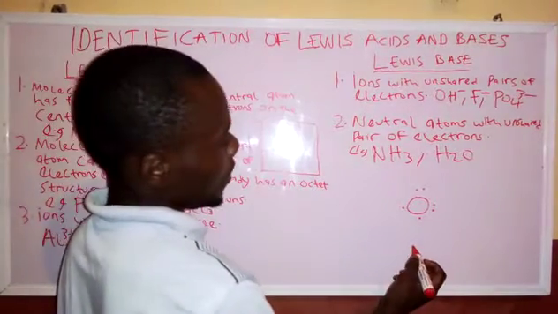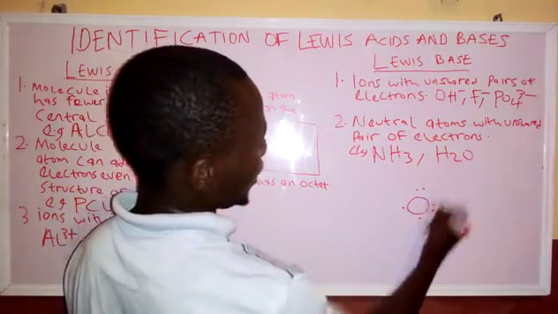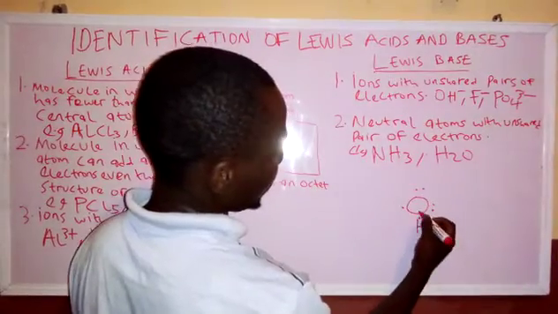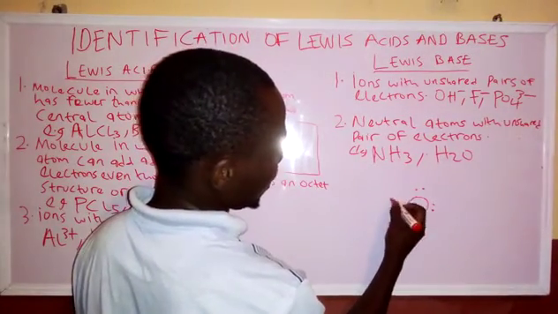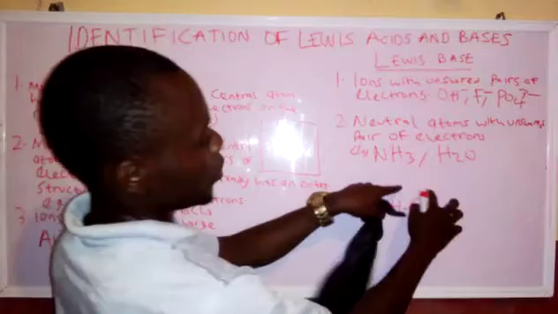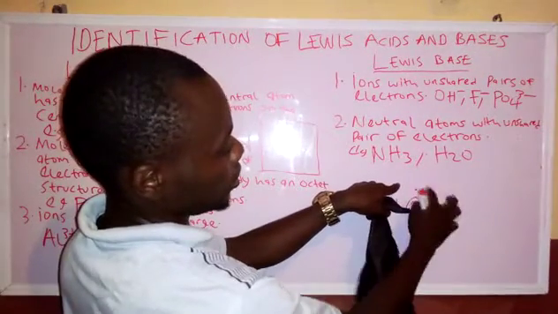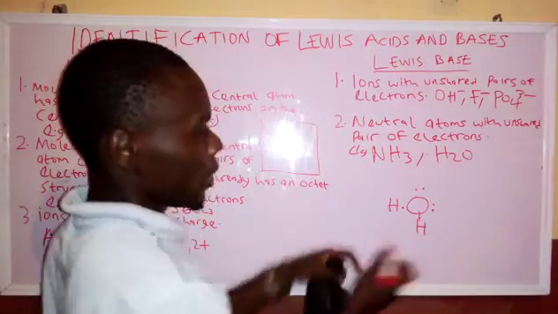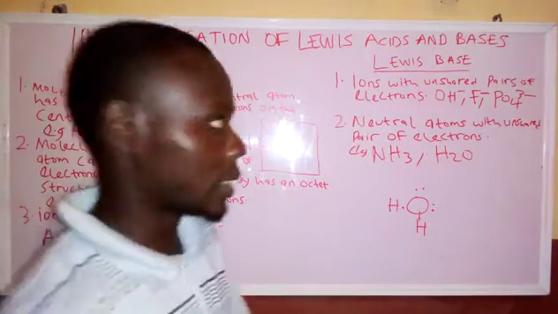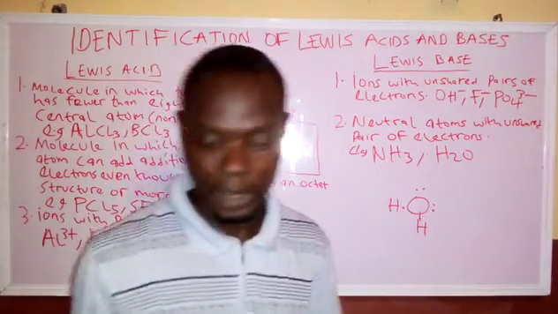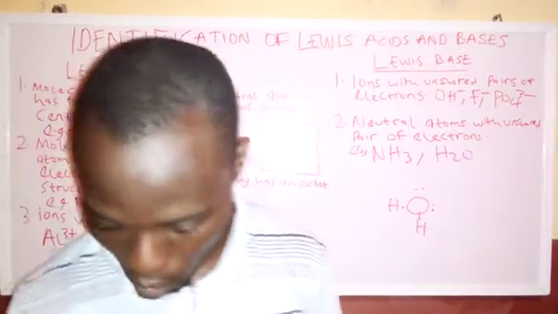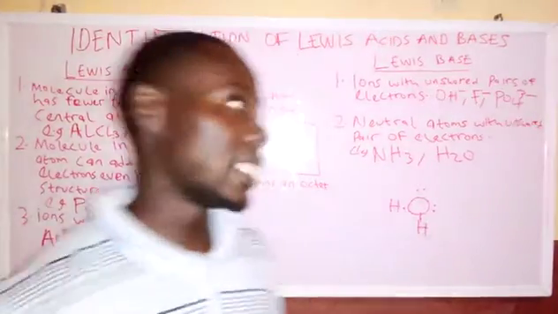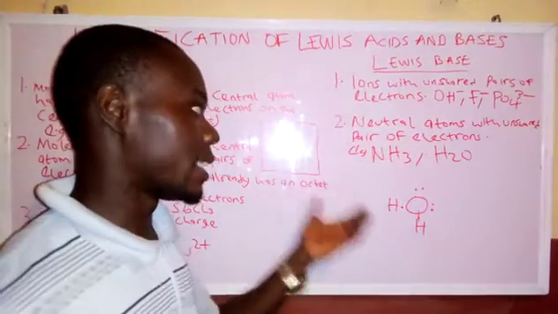So now look at H here. Let this H come here. Another H here, making 2. Now look at these two pairs. They are unshared pairs of electrons. So anyone that has unshared pairs of electrons will be a Lewis base. So that's all on identification of Lewis acids and bases.